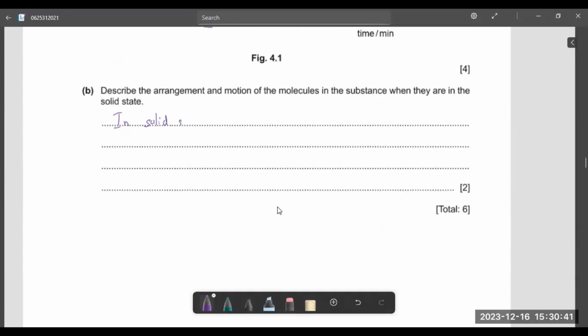They will have a crystallized pattern. Compared to liquids and gases, these molecules will have a closely packed arrangement. They are closer than in liquids and gases.